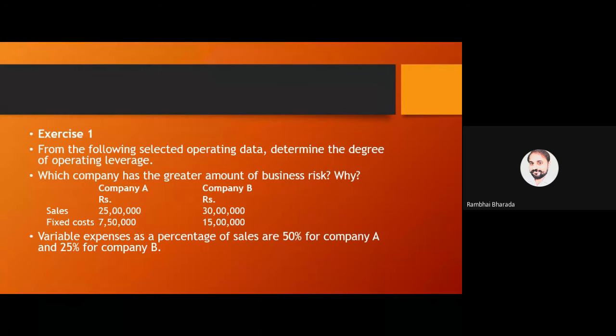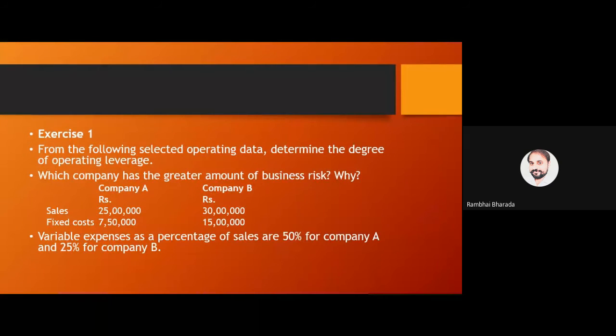Which company has a greater amount of business risk and why? We have company A and company B. In company A, sales is 25 lakh. In company B, sales is 30 lakh. In company A, fixed cost is 7,50,000, and in company B, fixed cost is 15 lakh.